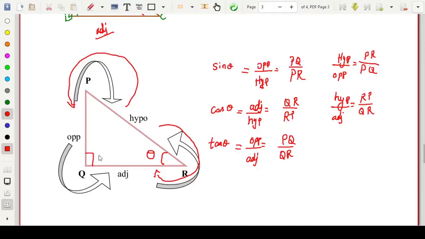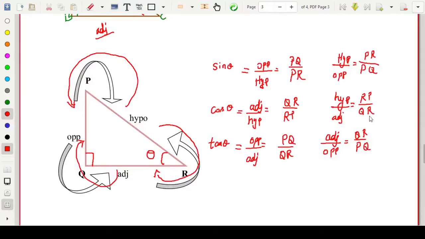Next, the side QR divided by QP, that is adjacent divided by opposite, that is QR divided by PQ.